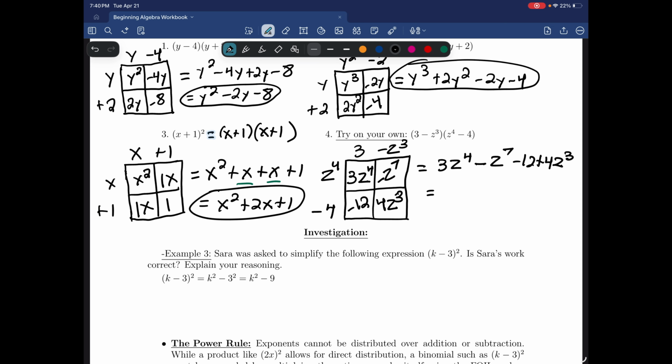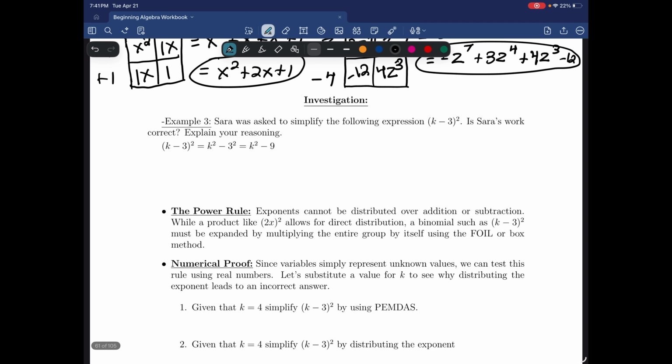It's always just best practice to write your polynomials in standard form, especially as your final answer. So let's do that. I'm going to go ahead and write negative z to the 7th power plus 3z to the 4th power plus 4z cubed minus 12. And that's it.